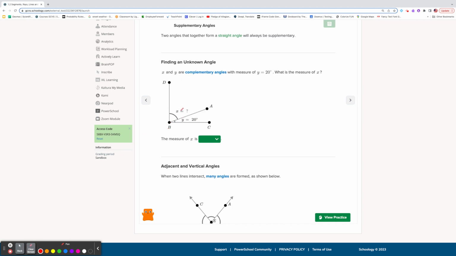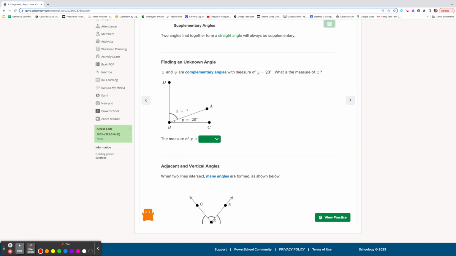To find the measure of angle X, if the sum of both of them is 90 degrees because they're complementary, 90 minus 20, this would have to be 70 degrees. So you want to look at the pictures and then see if you are correct.